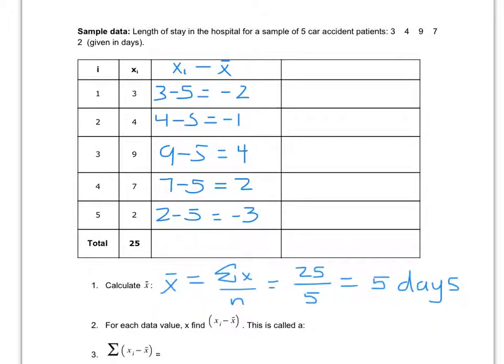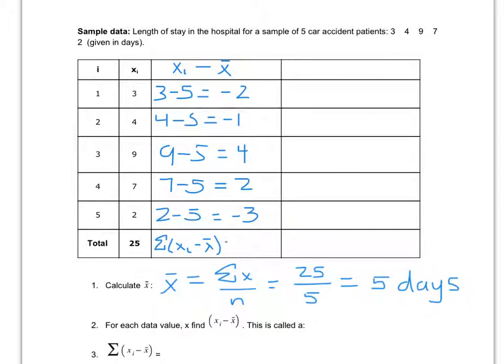Now, if we're looking to find the average of these deviations, we need to add them up and then divide by the total number. We're just finding a mean of these deviations. So first, let's add those up. We take the sum of the x sub i's minus x bar.